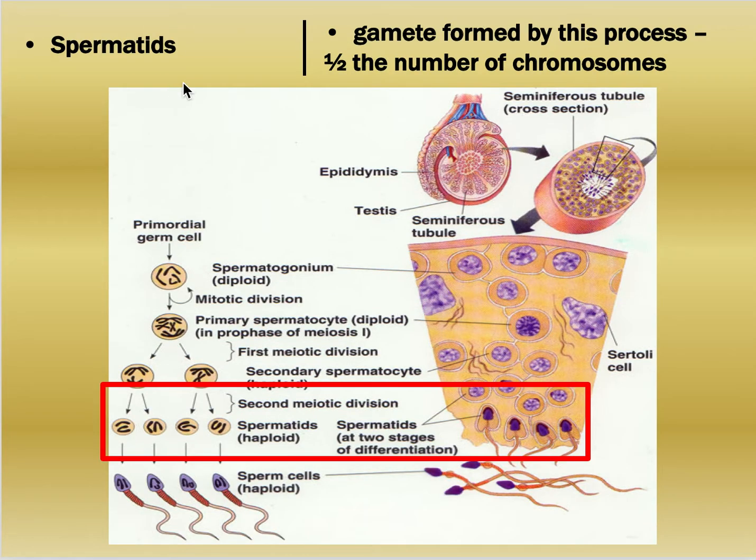Then you get spermatids, a gamete formed by the process, half the number of the chromosomes. That's important. Human beings reproduce through sexual reproduction, therefore we have half, females have the other half. Fertilization occurs, you get the complete set needed to be a person.